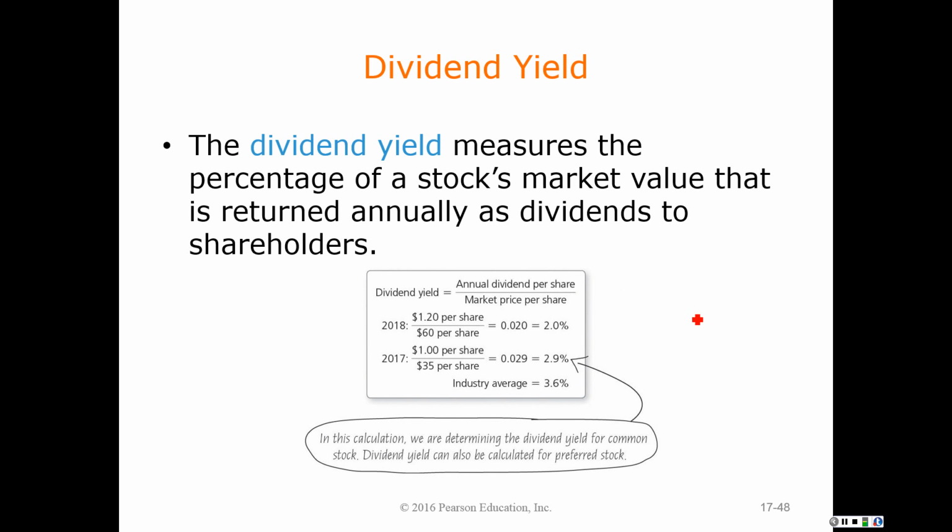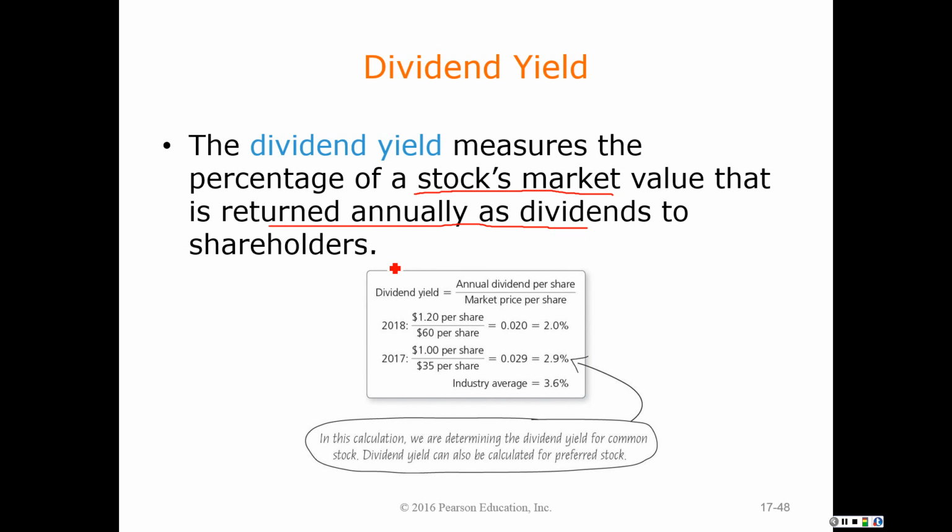There is the dividend yield, which tells you the percentage of a stock's market value that we actually do return as dividends to shareholders. Companies are not required to pay dividends, but stockholders do want to see either an increase in the value of their shares of stock or some return via dividends.